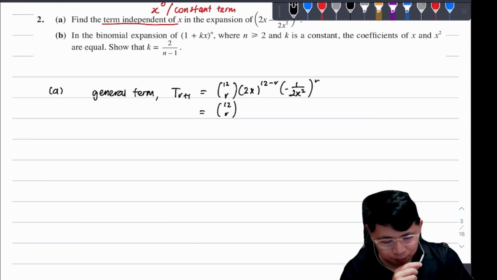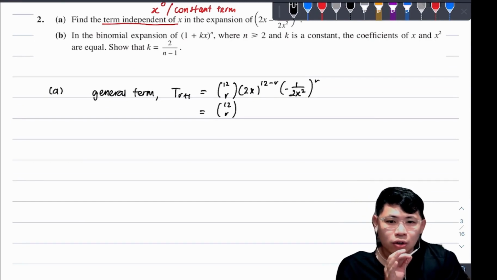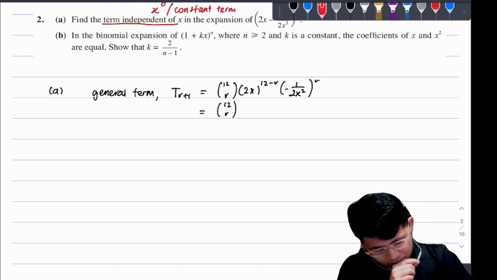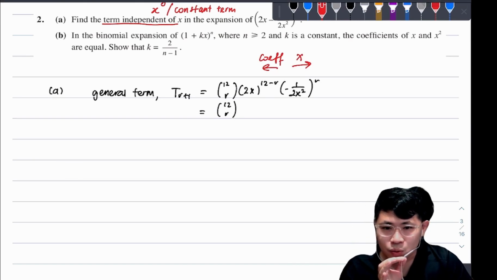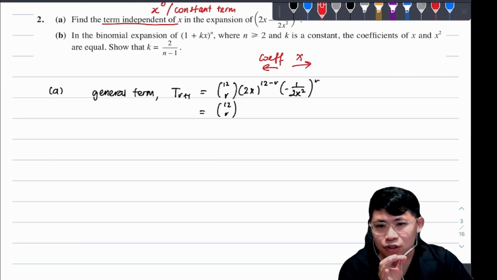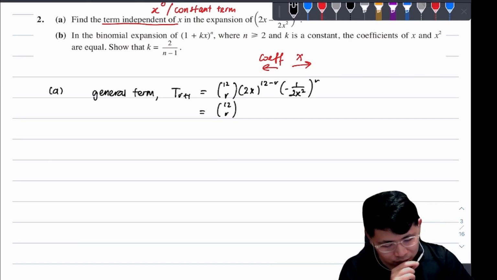Next one, because we want to make it a polynomial, all the coefficients go to the left, all the x's to the right. So what I need to do is split out the coefficient and the x so that I can group left and right. What do I have over here?